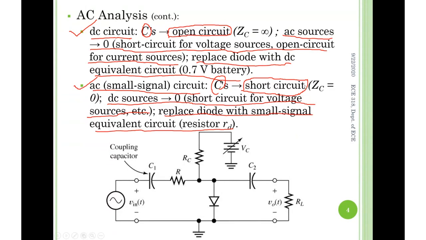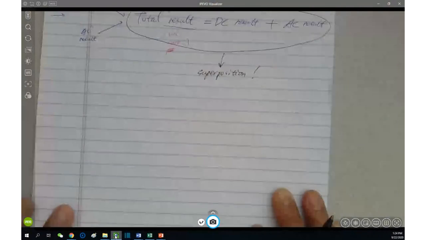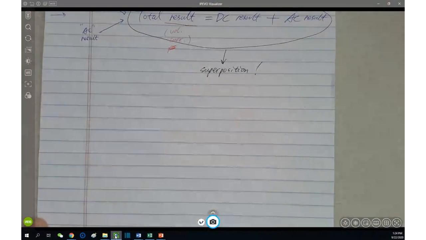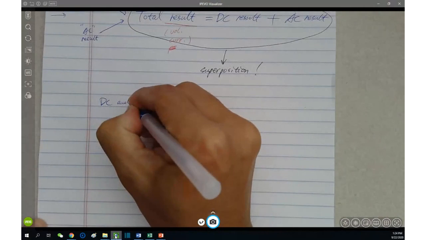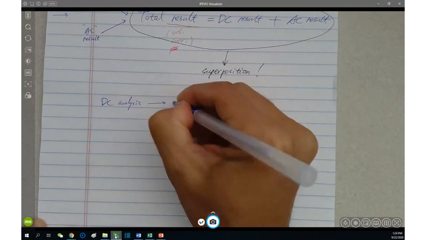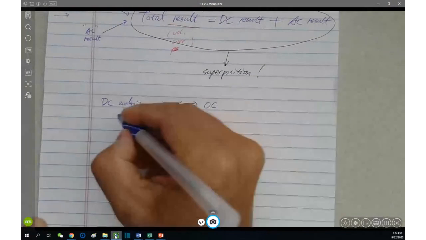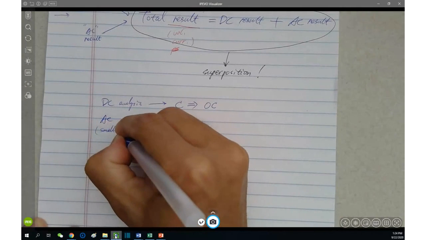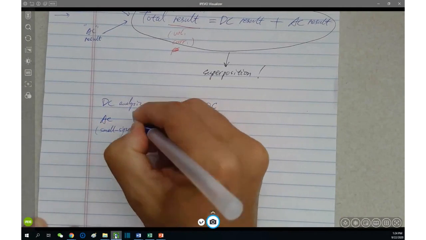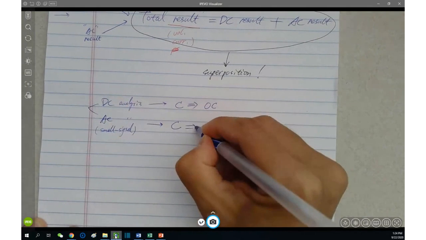So here, a little bit more about the capacitor. In DC analysis, we just mentioned C is an open circuit. In AC small signal analysis, capacitor is a short circuit.